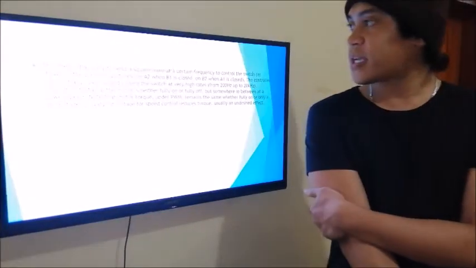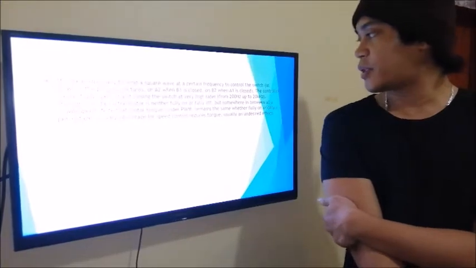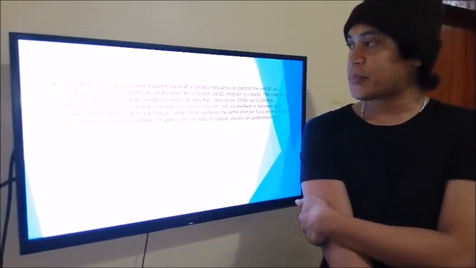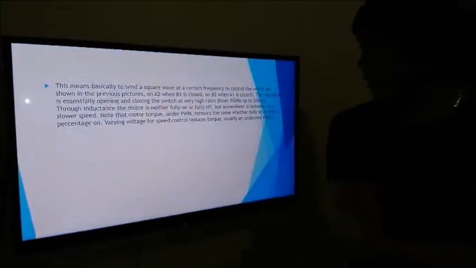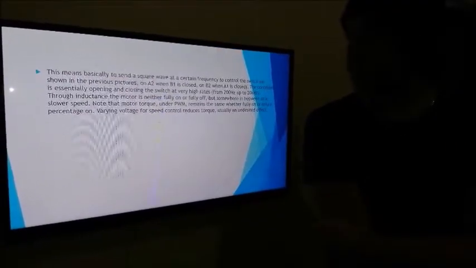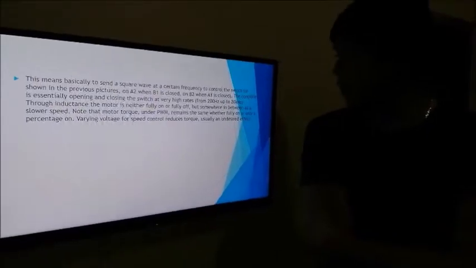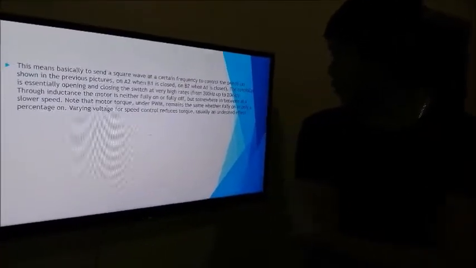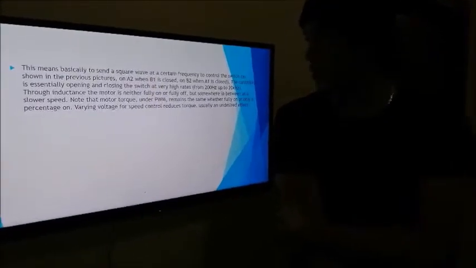This means basically to send a square wave at a certain frequency to control the switch, as shown in the previous pictures. On A2 when B1 is closed, on B2 when A1 is closed, the controller is essentially opening and closing the switch at very high rates, from 200 Hz up to 20 kHz.